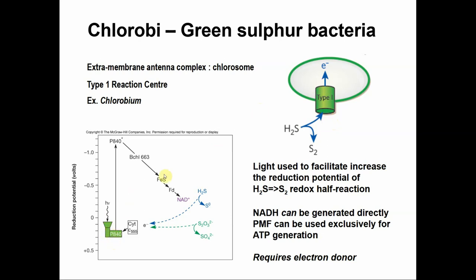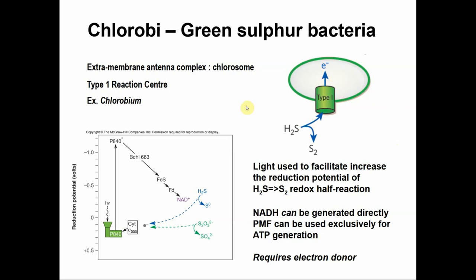Then what happens to this electron? Well, then it gets transferred, or the pair of electrons get transferred down an electron transport chain, and finally end up reducing NAD plus to NADH. So how is this fitting in to the basic type of energy metabolism of these bacteria?